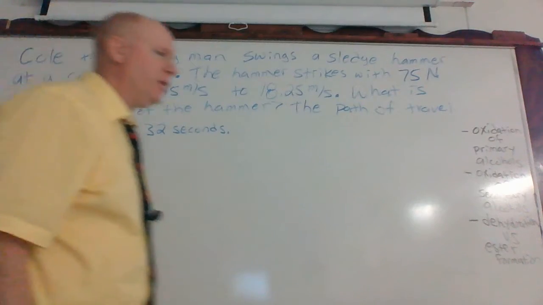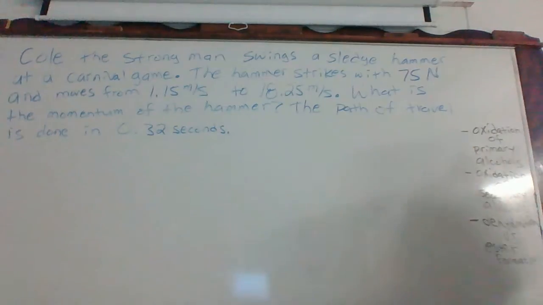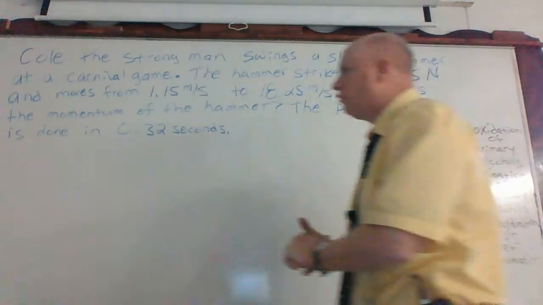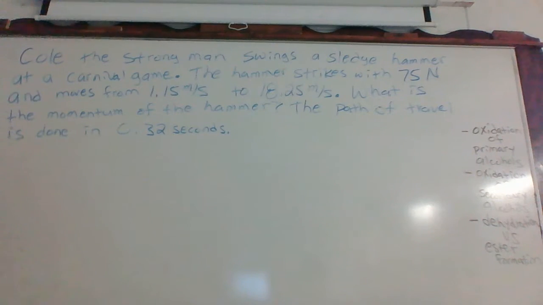So as we've been solving these problems throughout this semester, you read the problem. Next thing you should do is write down what you know. As we look, we see 75 newtons, which we know is a force. So force equals 75 newtons.